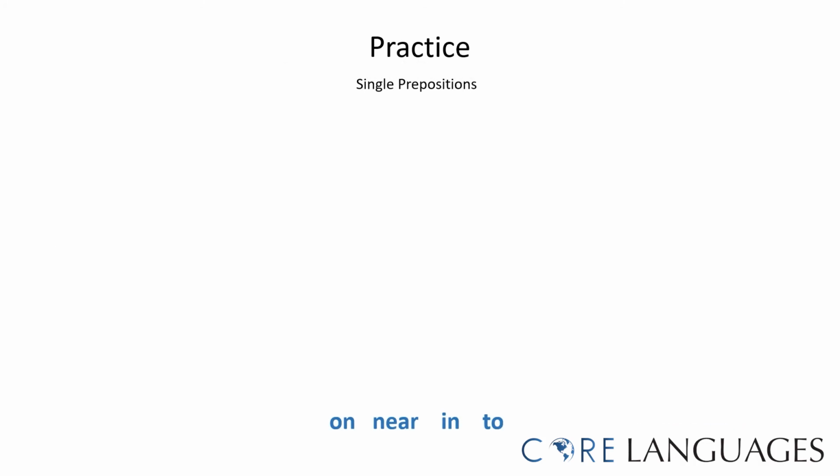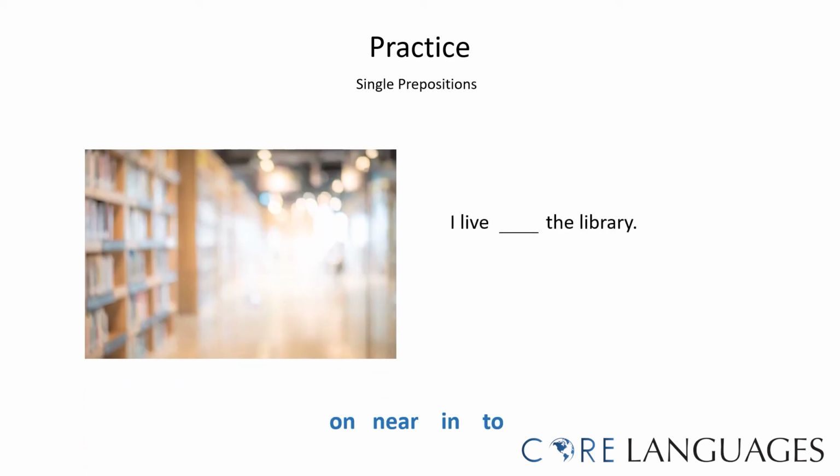Look at the following 2 sentences and choose between the single prepositions on, near, in, and into to complete them. I live on the library, near the library, in the library, or to the library. The preposition that makes the most sense is near. I live near the library.